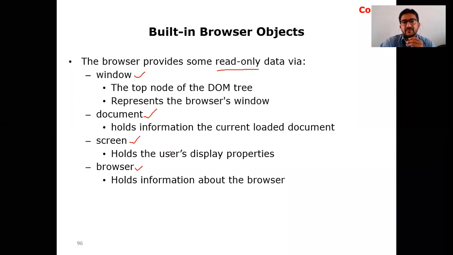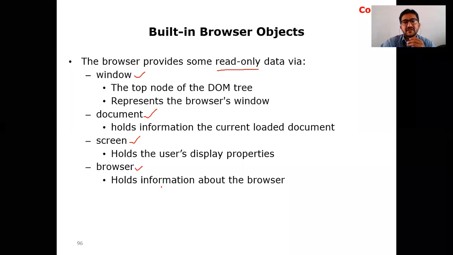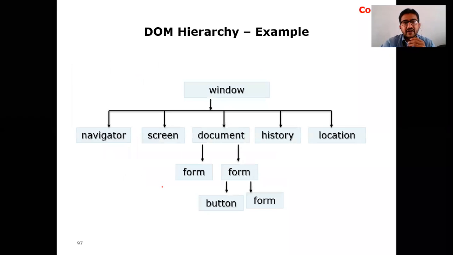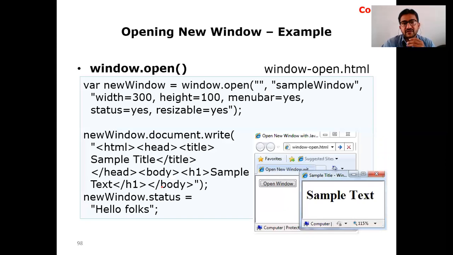Screen in the sense we can consider as a frame. The different screens are there so that the user can see the different display properties. And the browser holds some information, right? So if you see the DOM hierarchy, a window consists of navigator, screen, document, history, location. Again, in document we have different types of properties.